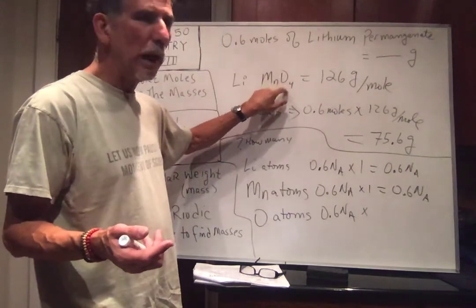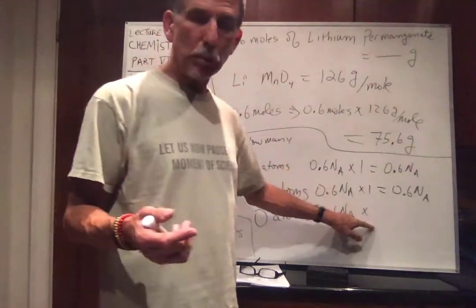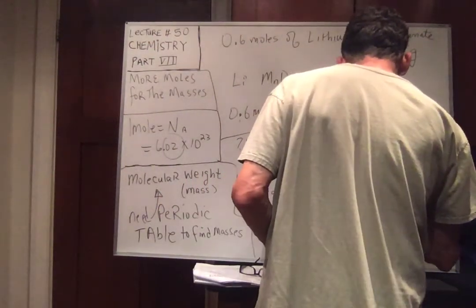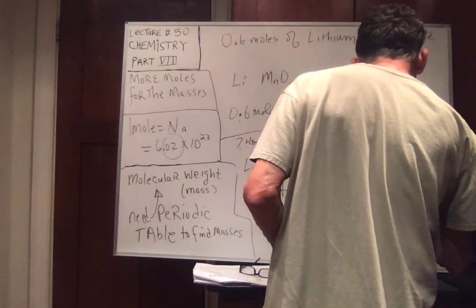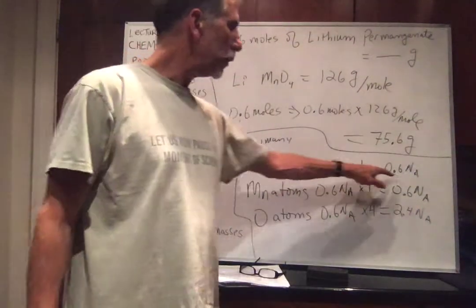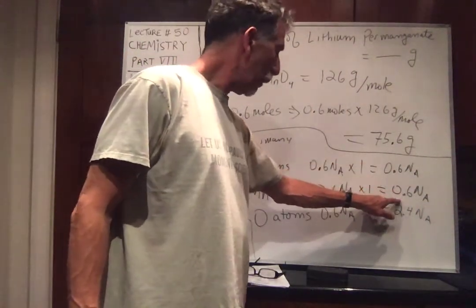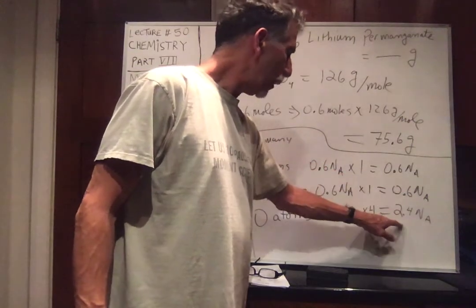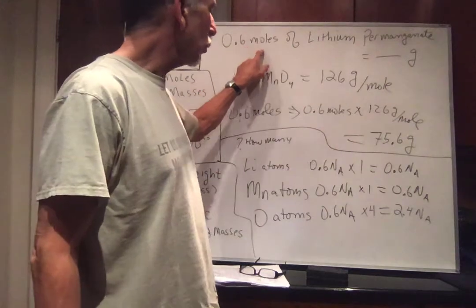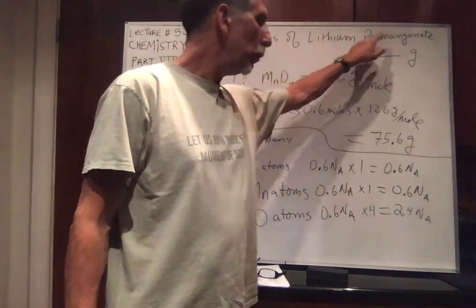There's 4 oxygens. So I need to multiply this by 4. It's not that bad, right? And that's equal to 2.4 Na. So that's how many lithium atoms there are, that's how many manganese atoms there are, and that's how many oxygen atoms there are in 0.6 moles of lithium permanganate.